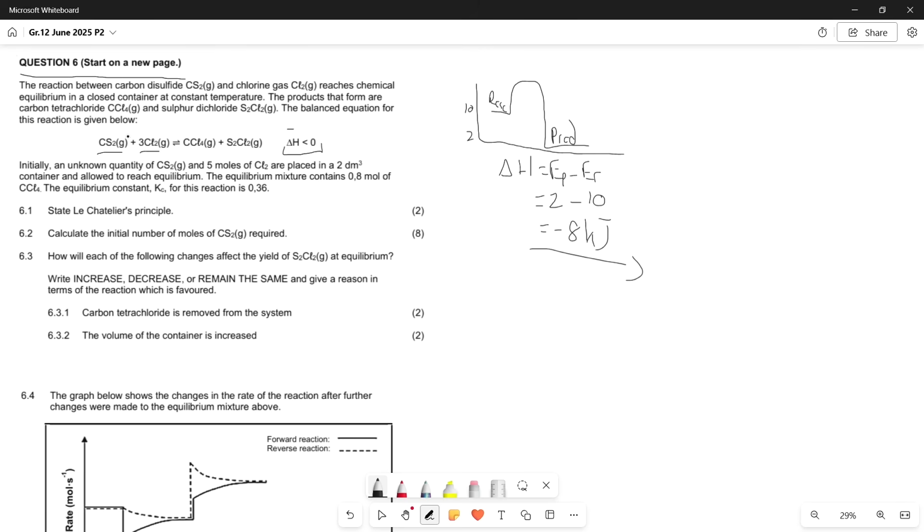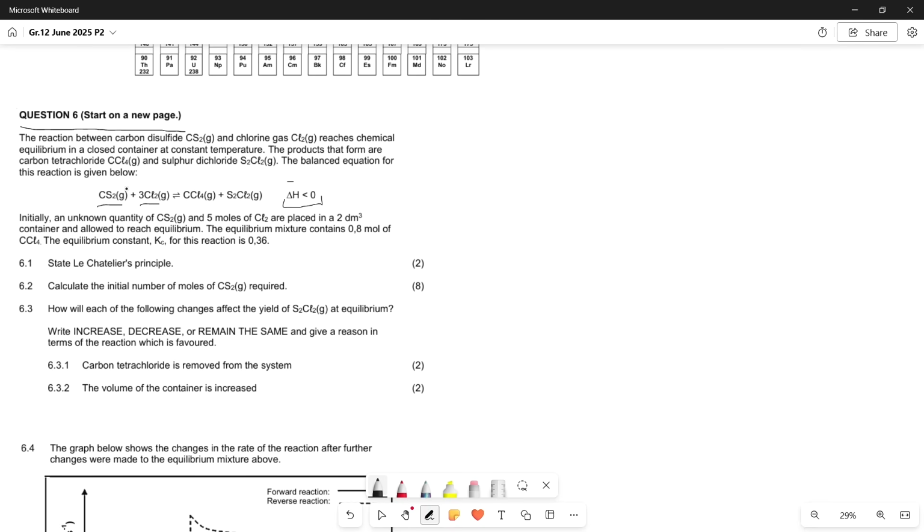So we've broken this portion down. We have our reactants. We know it can go both ways. We have our products, and then we know that it is exothermic, meaning it releases heat. And then at this stage, it says initially an unknown quantity of CS2 gas and 5 moles of Cl2 are placed in a 2 dm³ container and allowed to reach equilibrium, which means we can go ahead and rewrite this, which I find quite helpful because then we can attach what information they've given by the reactant or product that it is relating to, which means initially an unknown quantity of this guy.